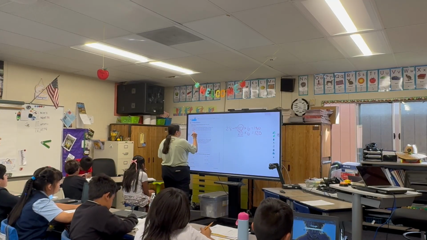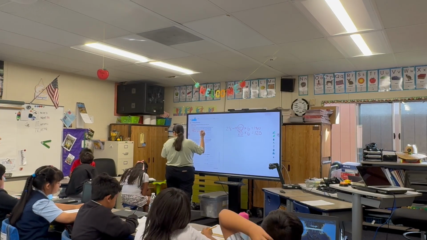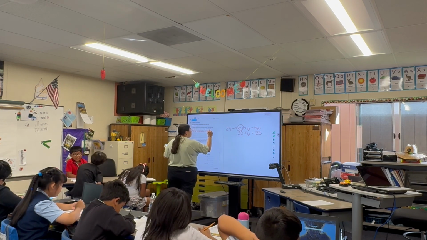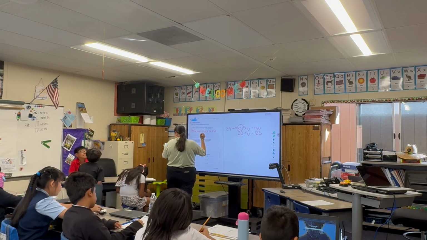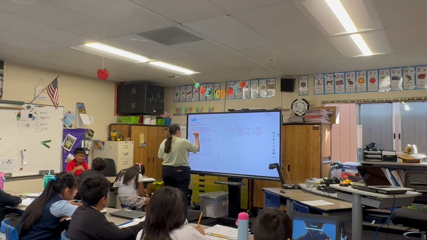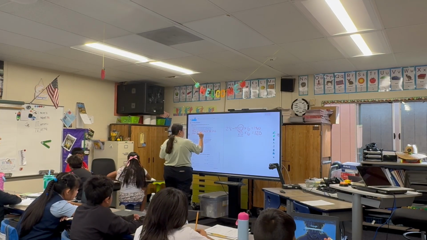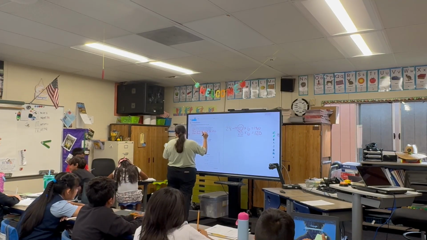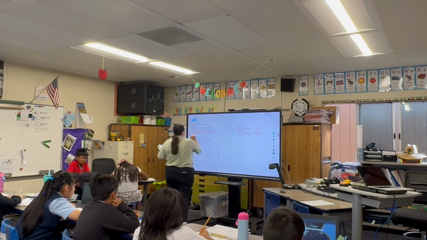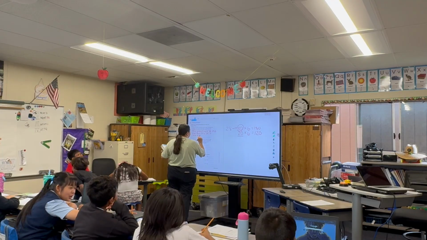So let's say the product. If we do the 30, is our answer going to be bigger than our actual answer, boys and girls?